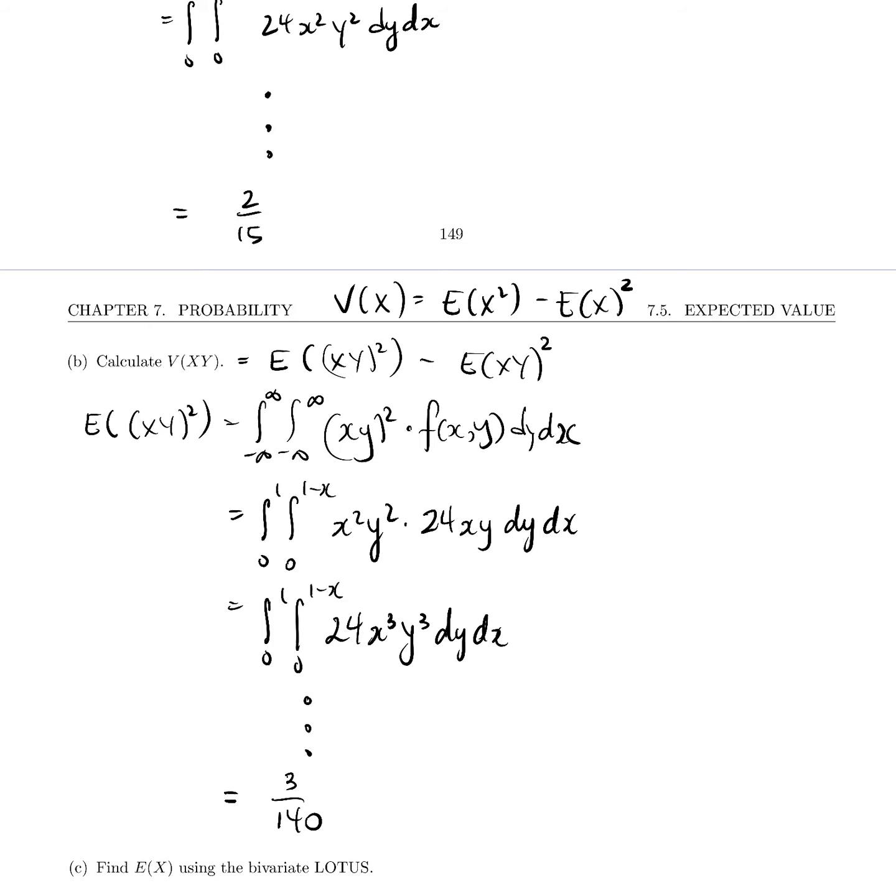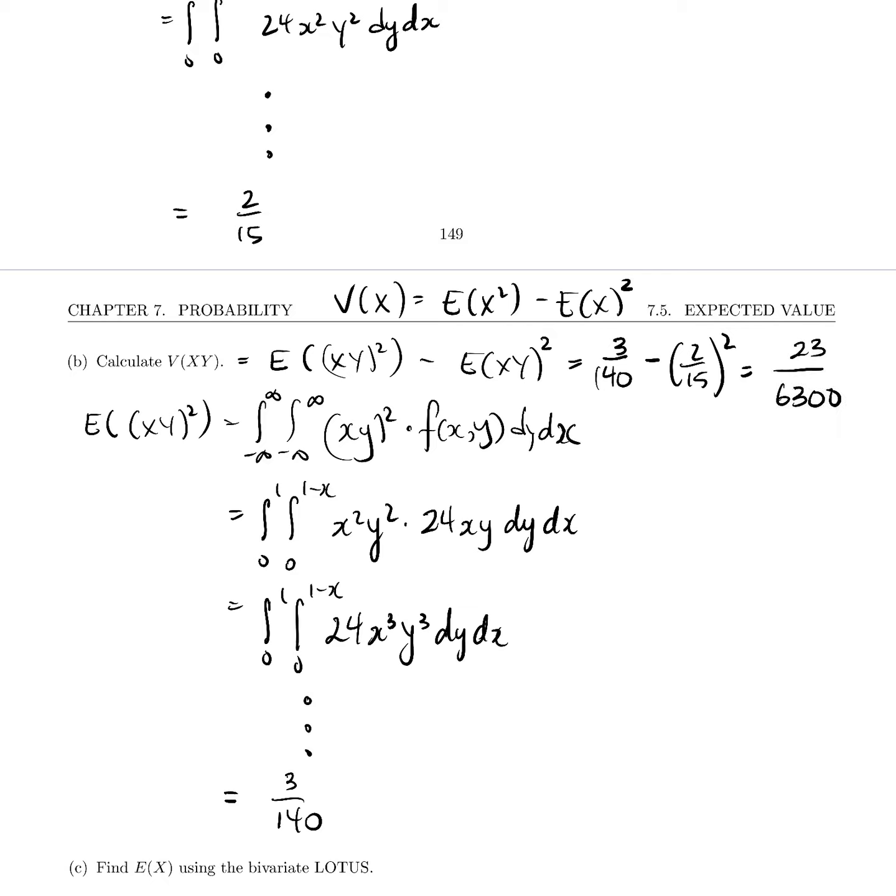So for our variance, we are going to have E of (xy) squared is 3 over 140 minus E of xy all squared. Well, E of xy was this value from part A, so 2 over 15 squared, and evaluating that, we'll get 23 over 6,300.